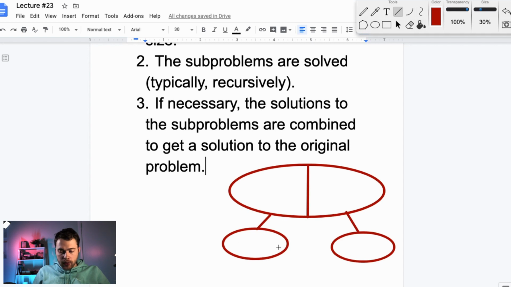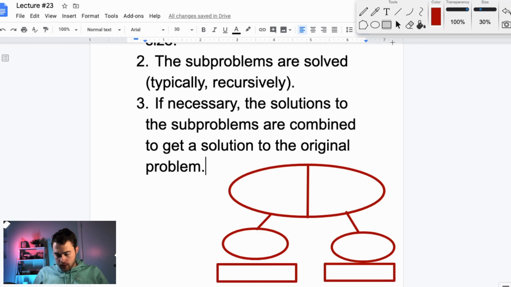And then let's say we divide each one of them into 2 and recursively keep doing the same thing, right? But at some point, let's say we decide to stop here, we solve these 2 subproblems of size n over 2, and then we combine them back. So let's say that's the solution to the first subproblem, that is the solution to the second subproblem, and that's the solution to the original problem.